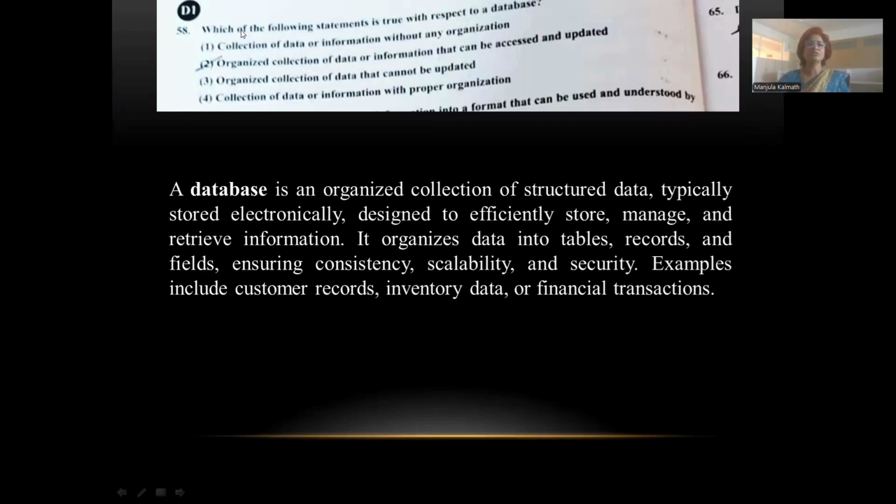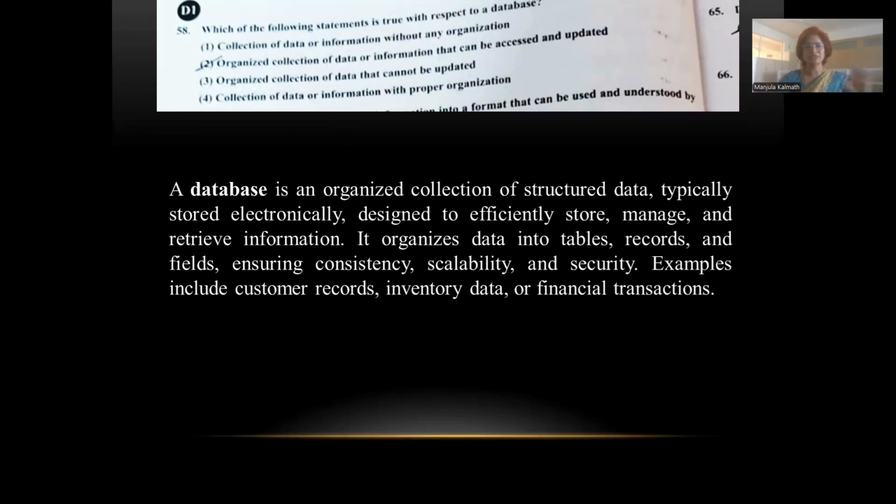The next question is, which of the following statements is true with respect to the database? Here we have a database, DBMS as well as applications. We have three components. The database is the area where we store the data permanently. That is, data related to the different tasks in the system will be stored in the database.